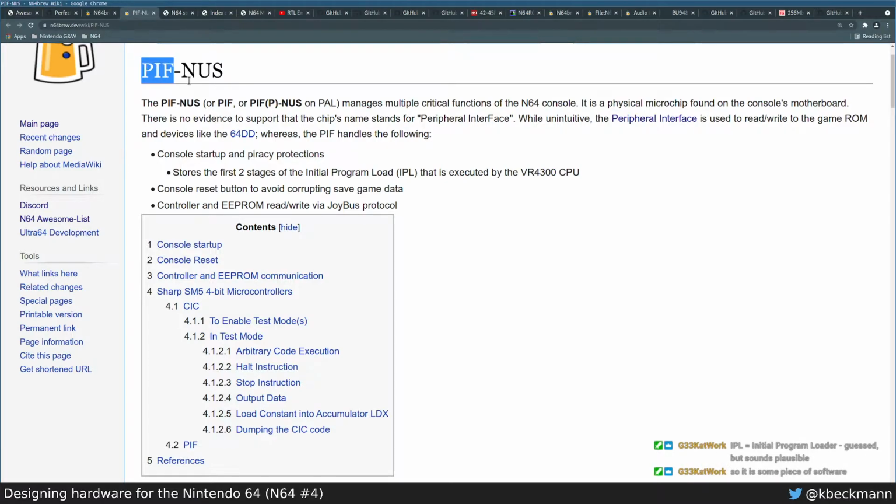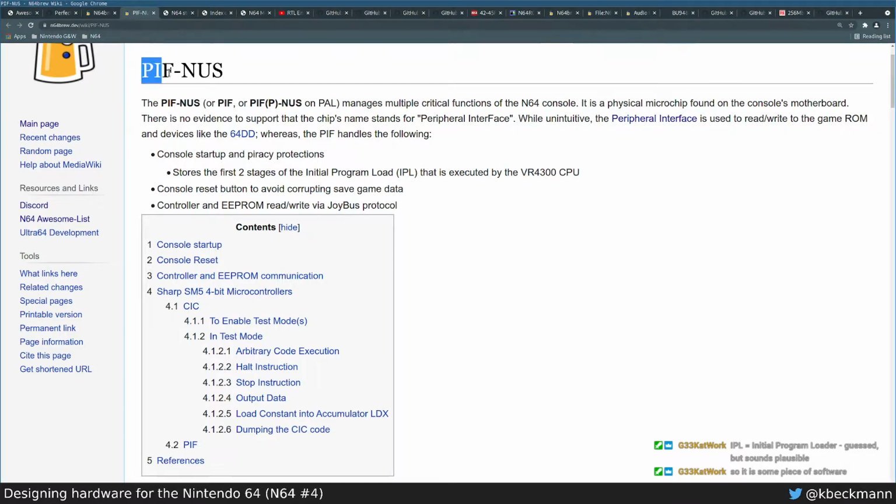The funny thing about the PIF is it does multiple things. It's both a peripheral interface for the controllers, but also handles security. This is the chip that contains the bootloader ROM, but also communicates with the CIC chip on the cartridge.